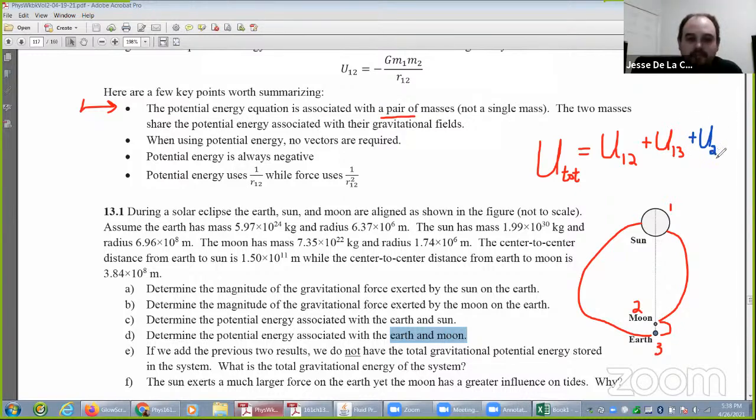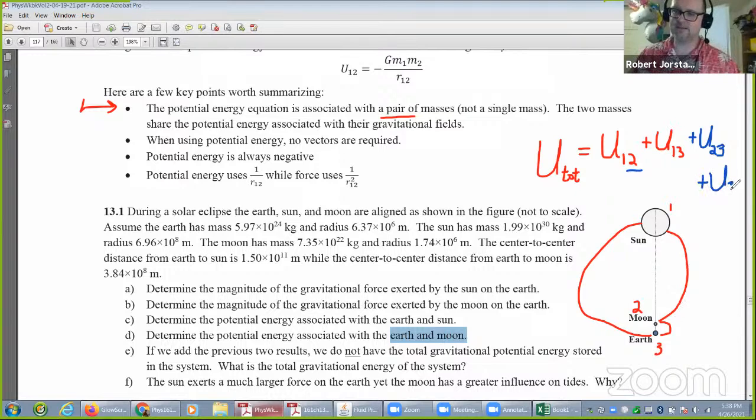I write a 2. I've already handled 1 with 2, so I go on. Are there any other ones that I haven't handled? Aha, 2 with 3. Got it. Now that finishes that one. And then 3, I start 3 plus U3, except 3 has already been paired with everything, so I know I'm done. That is my trick for making sure I get the correct number of energy terms.